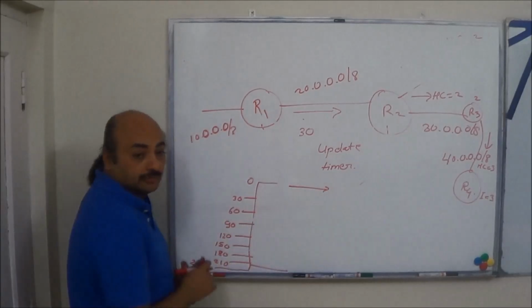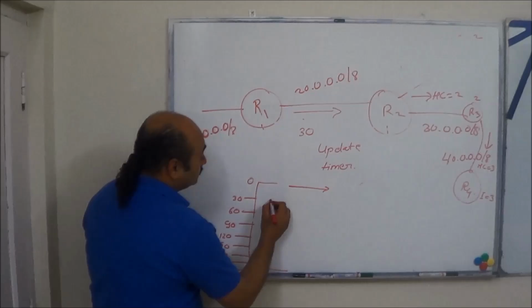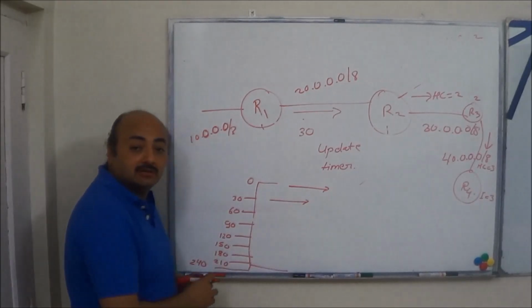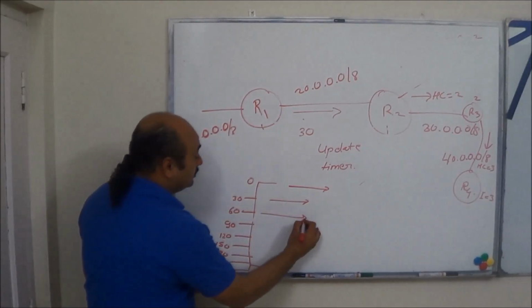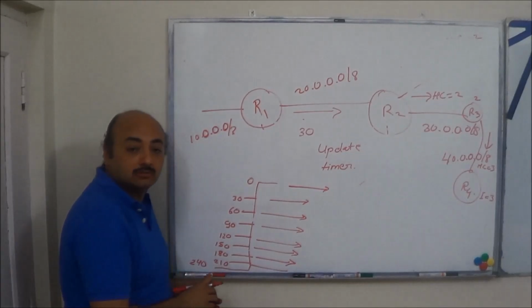An update goes here. R2 resets the counter. Another goes here, again it resets the counter. Another goes there. So this is how it normally has to be.